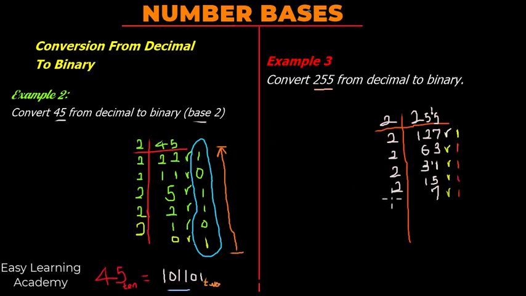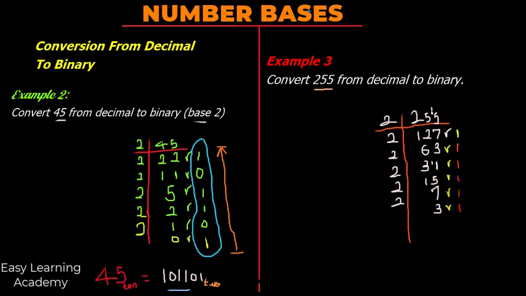Now use 2 here. 2 comes into 7. How many times? 3 times. Is there any remainder? 2 times 3 will give us 6, so we're looking for 7, that gives us remainder 1. Let's use this other color for all our remainders.